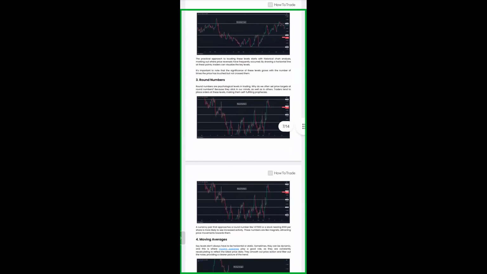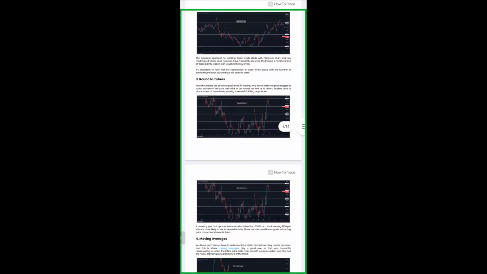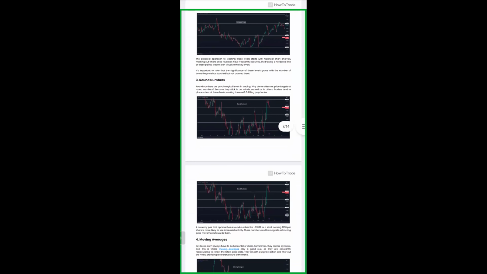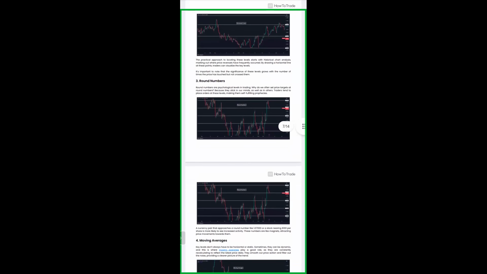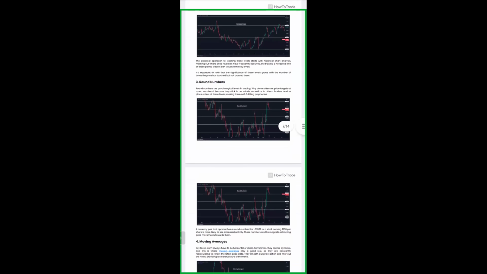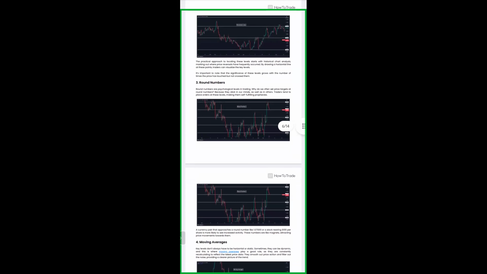Then another way to identify key levels is using round numbers. In fact, anywhere you have round numbers in the price, especially numbers ending with hundreds or 00, for example maybe 1.1000, or maybe for example 1.2500.